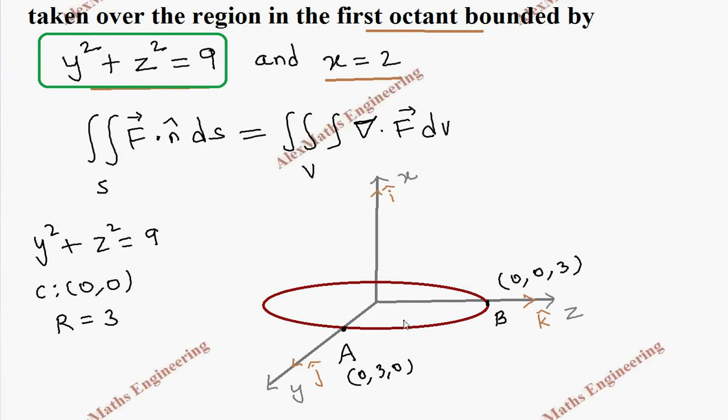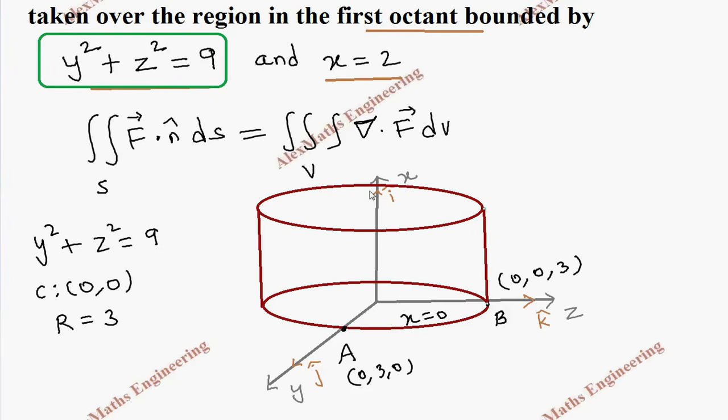So let's write the equation here and x is equal to 2 will be the one which is above this. With the same size I take a circle and it is above this like this. Now if I join this one we get a full cylinder and this equation is x is equal to 2.